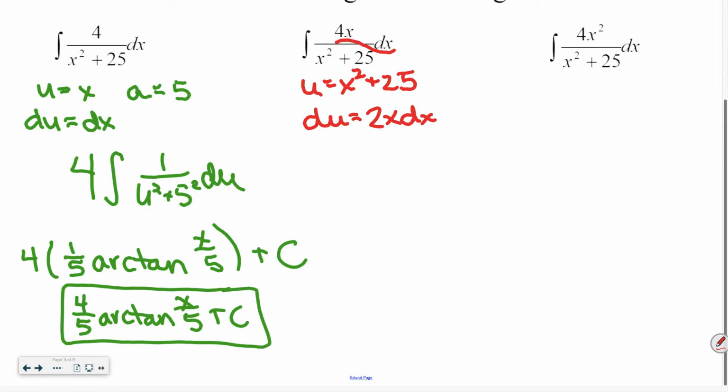Well, we have 4x dx, so we can make that work. 2x dx gets replaced with du, so we have 2 times 1 over u du. We still have that 2 multiplied. We know that the antiderivative of 1 over u is the natural log of the absolute value of u.